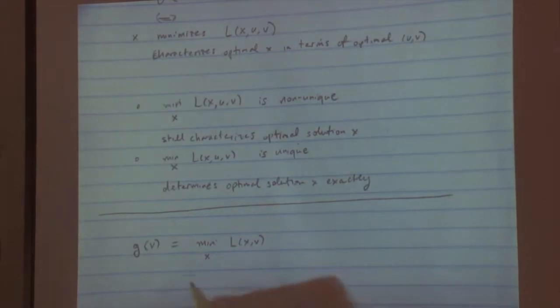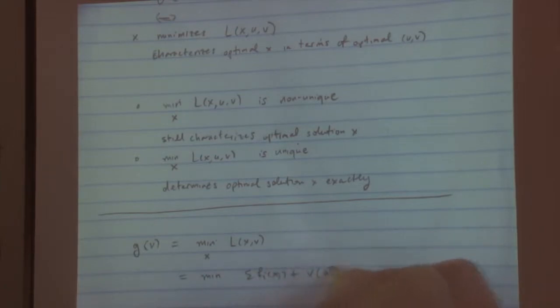What's the Lagrangian? It's just equal to the criterion plus v times A transpose x minus b. Just adding this equality constraint with a Lagrange multiplier.